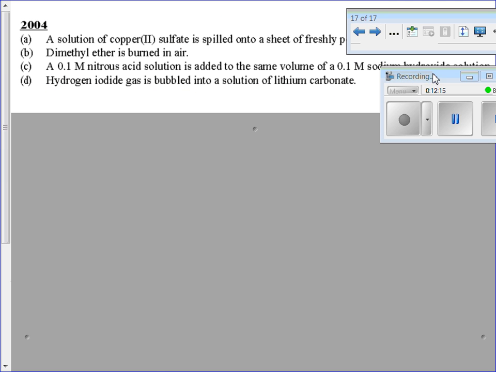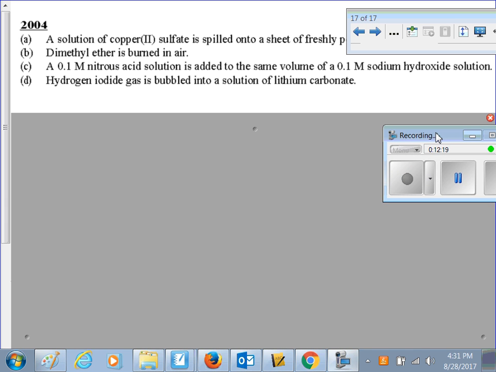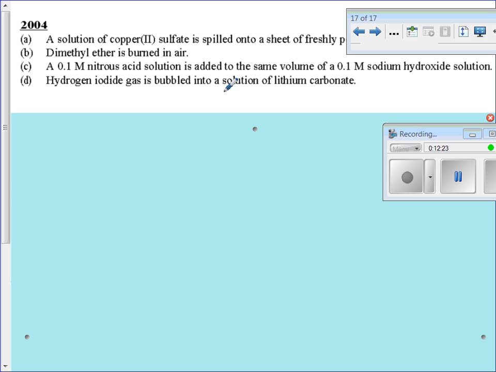Okay, and then the last one that I'm going to do is 2004, letter D, the hydrogen iodide gas is bubbled into a solution of lithium carbonate. So I have a gas, so I know the first reactant is a gas, and the solution of lithium carbonate, that's going to be an aqueous compound.